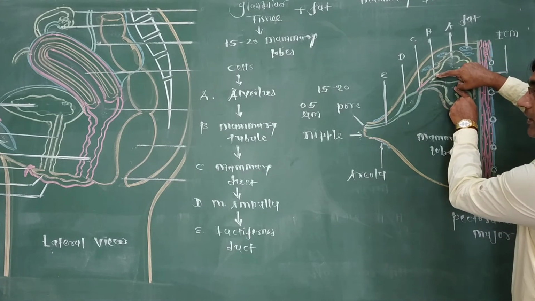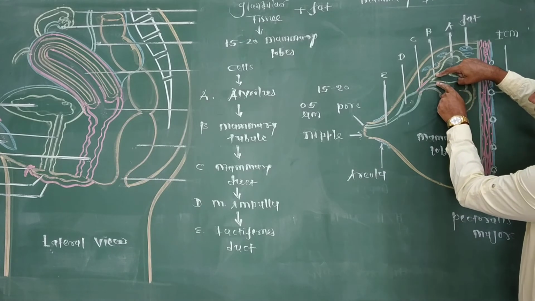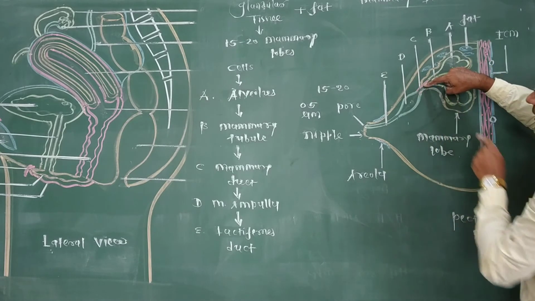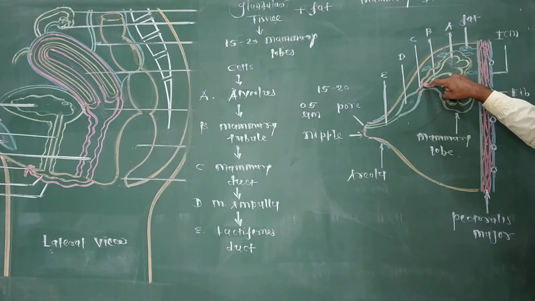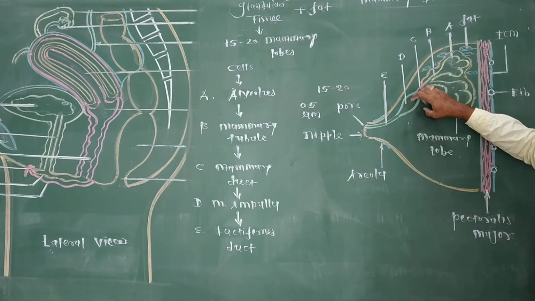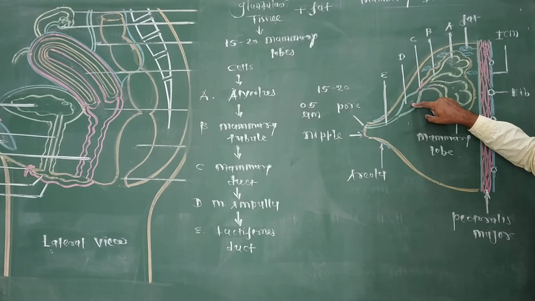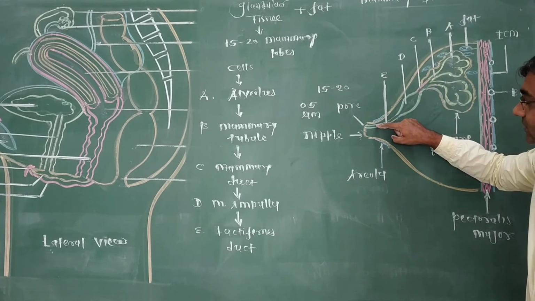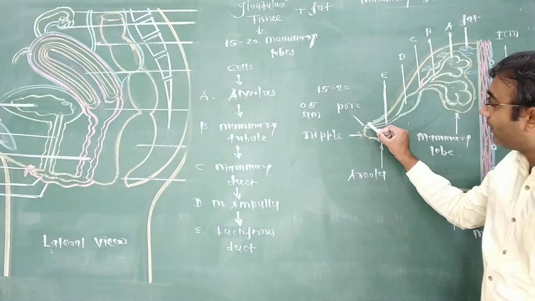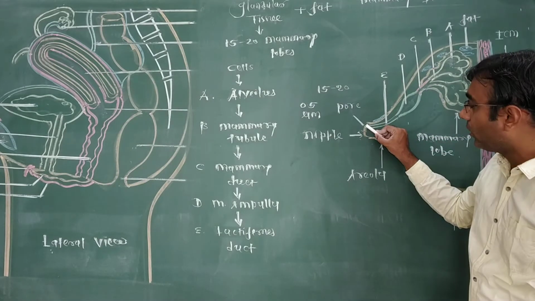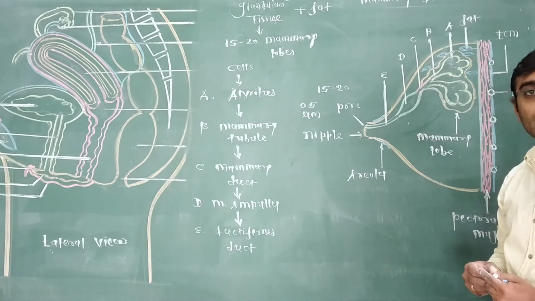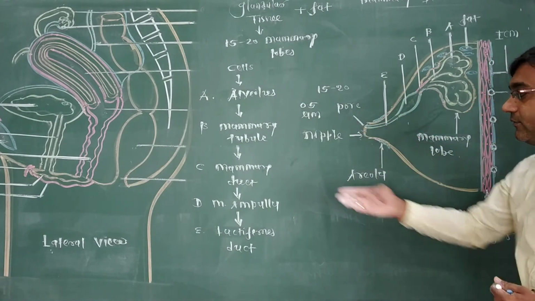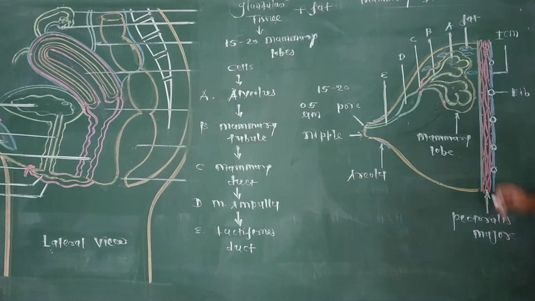Alveoli open into the mammary tubule. Mammary tubules of one lobe join to produce the mammary duct. One mammary duct opens into one broad region, the mammary ampulla, and the ampulla connects to the lactiferous duct, which opens outside as one pore over the nipple. When milk is sucked, milk comes outside from the lactiferous duct.